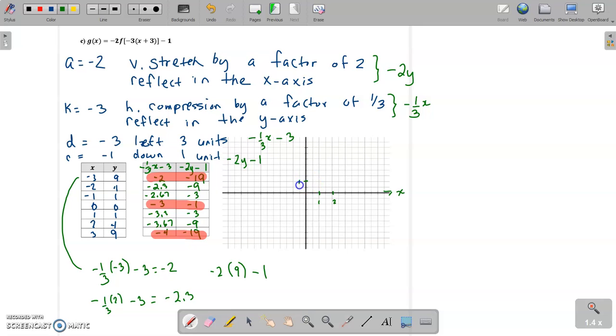So this would be 4, 8, etc. Just so you can fit the whole graph in. And since this was the vertex in the original, this is the vertex in the transformed function. So, I'll leave that for you to graph.